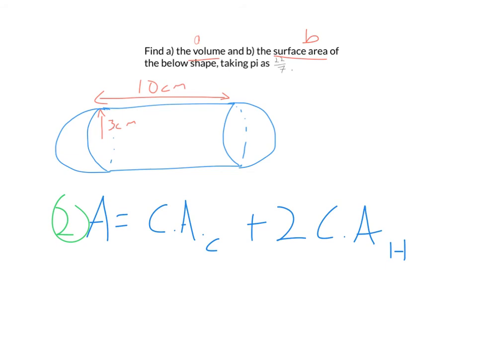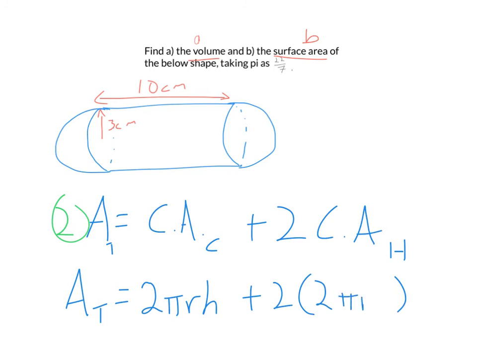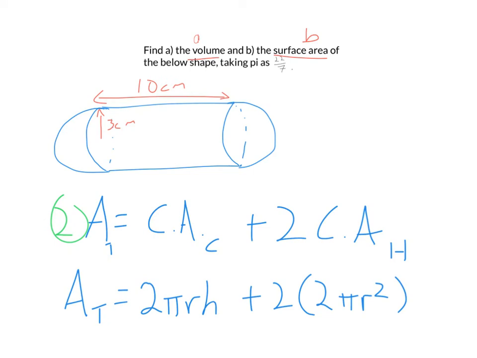When we start filling that in and expanding out what those formulas actually are, the total area will be equal to curved area for a cylinder, which is 2 pi r h, plus 2 times the curved area for a hemisphere, the formula for which is 2 pi r squared. Now we can move on to stage 3.